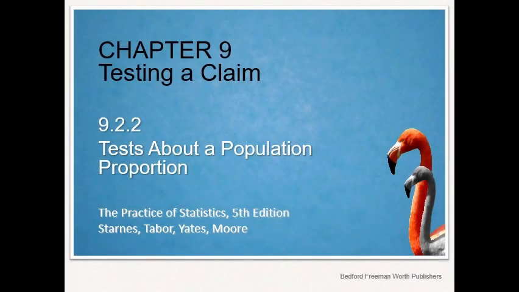Okay, in the second part of section 9.2, we continue to discuss hypothesis or significance testing with population proportions. We will compare a two-sided hypothesis test about a population proportion with an equivalent confidence interval.